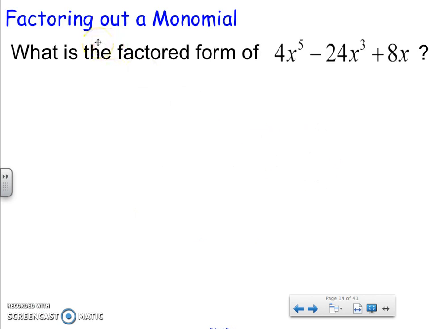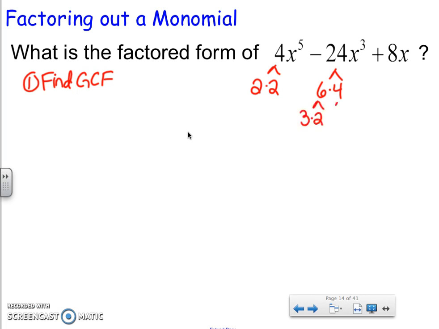It's going to say factor out a monomial, or it'll say factor something. And so first off, you have to find the GCF. Okay, so step one is to find the GCF. So I can break down 4 into 2 times 2. I can break down 24 into 6 times 4, which is 3 times 2 and 2 times 2.